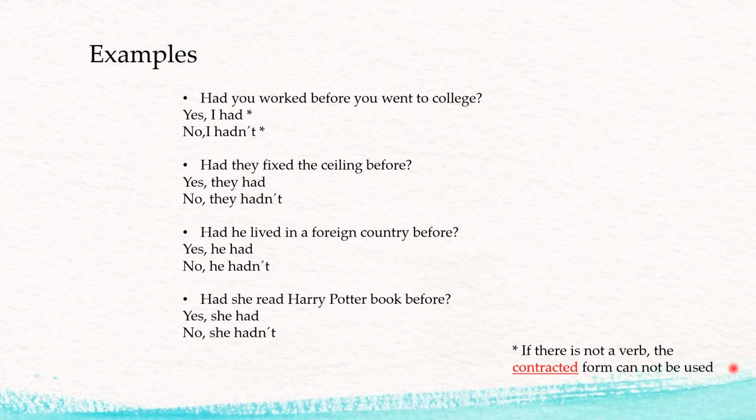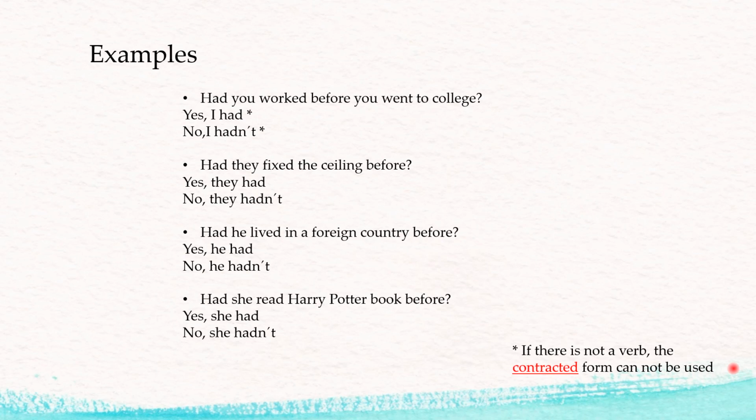There is a point here to check. If there is not a verb, the contracted form cannot be used. We can say, yes, I'd? No, it is not correct. We have to say, yes, I had. Or, yes, they'd.